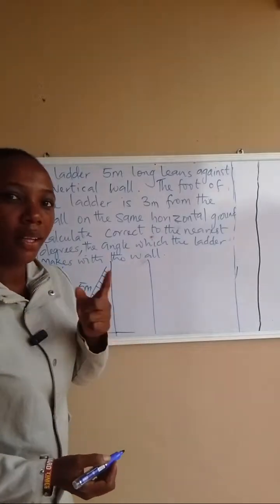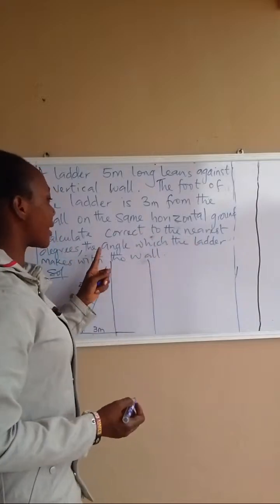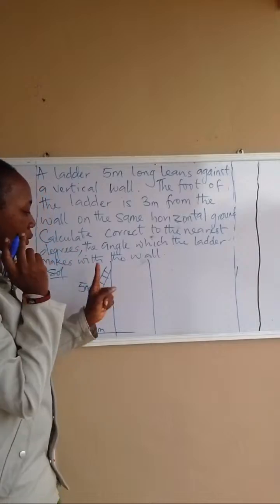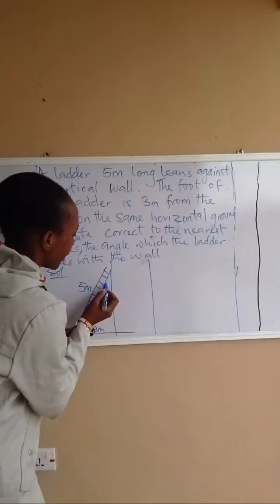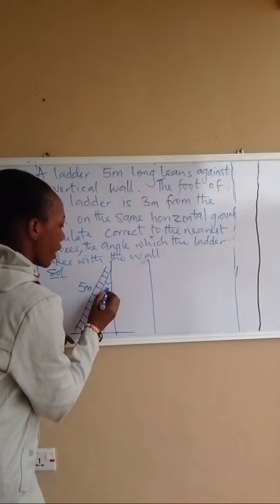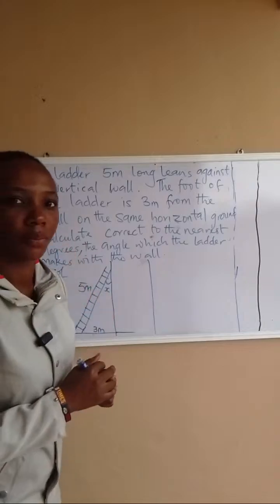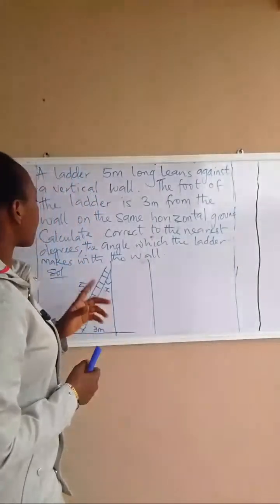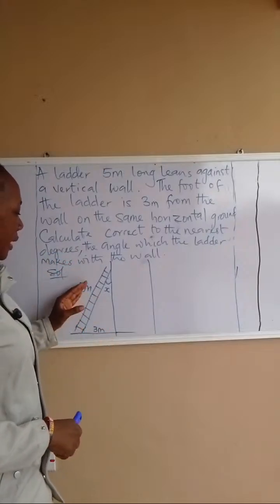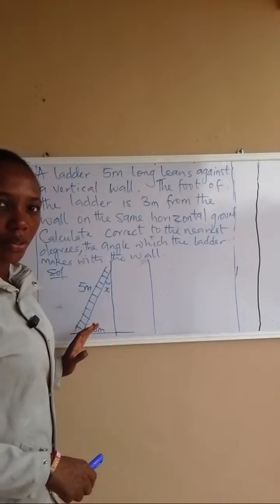Can you see that? Now we are asked to calculate, correct to the nearest degrees, the angle which the ladder makes with the wall. So this is the angle. We're asked to find this particular angle. Now, one thing you must know, this longest part is called the hypotenuse.